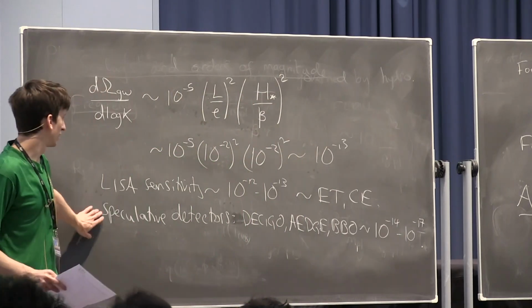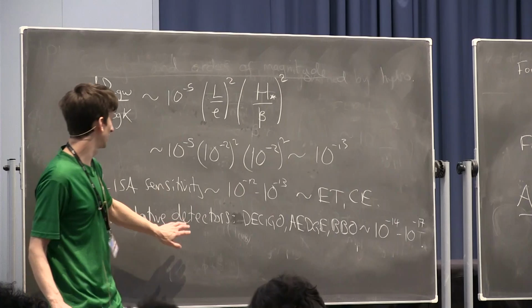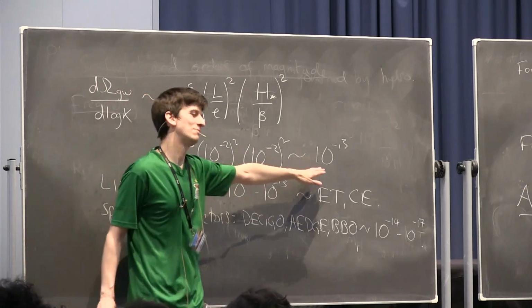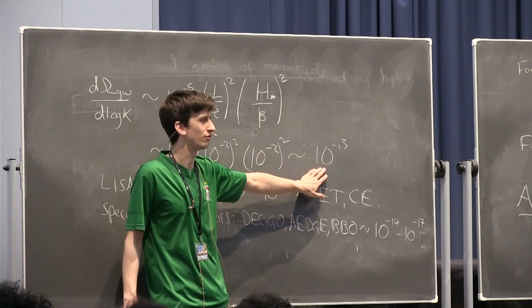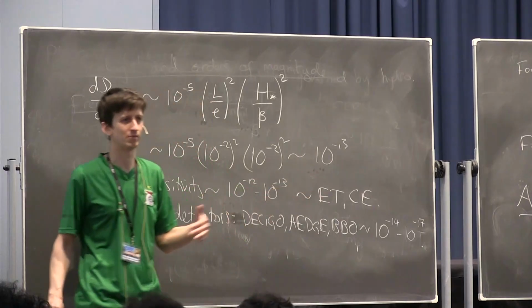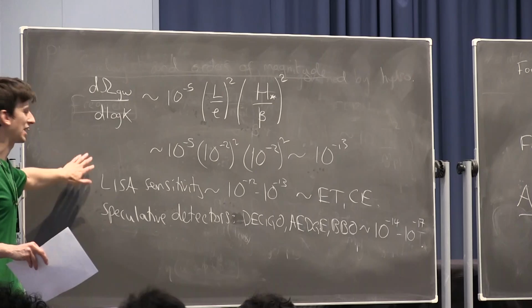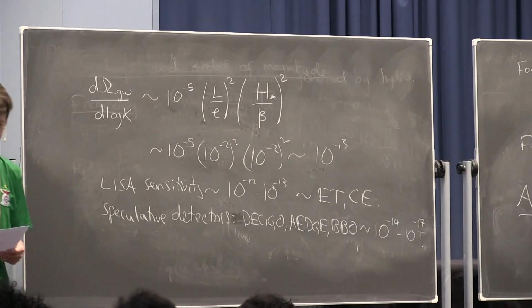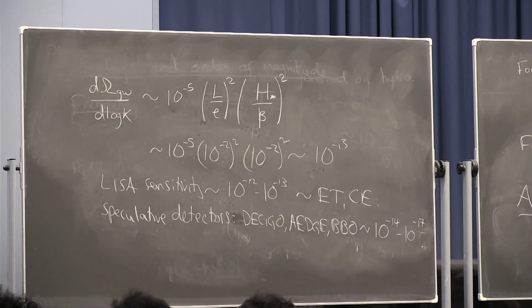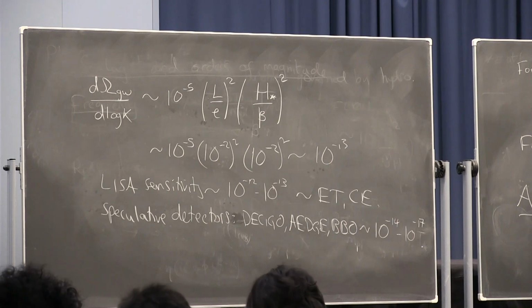So with these future speculative detectors, we should be able to easily measure a standard middle-of-the-road phase transition and even be able to measure potentially quite weak phase transitions. So this is the expectation for the future. Yeah, and that's it. Thanks.